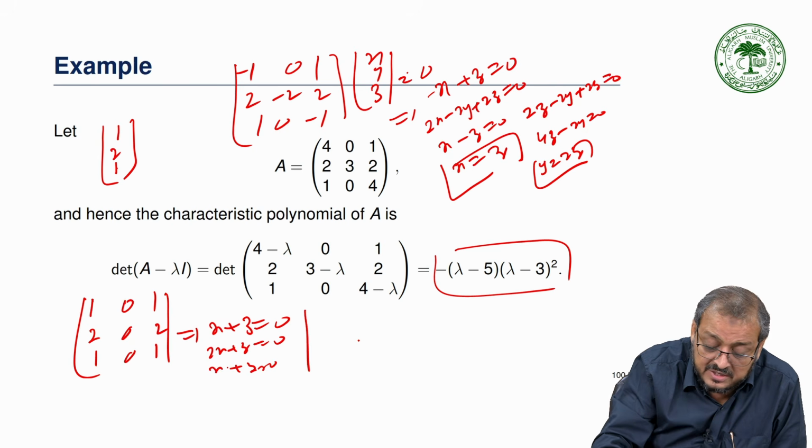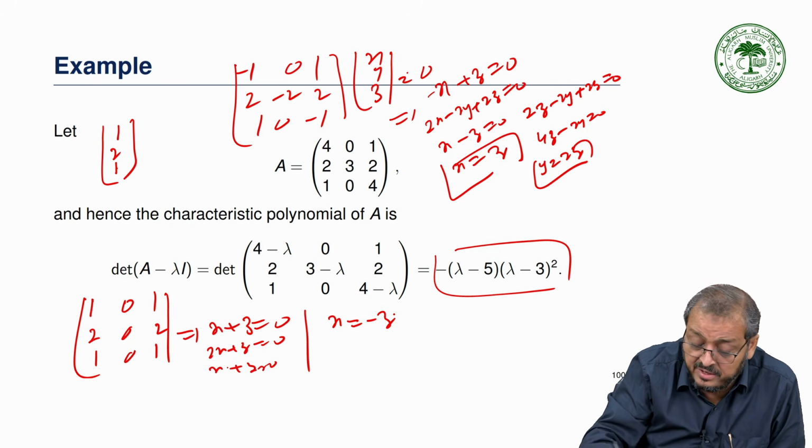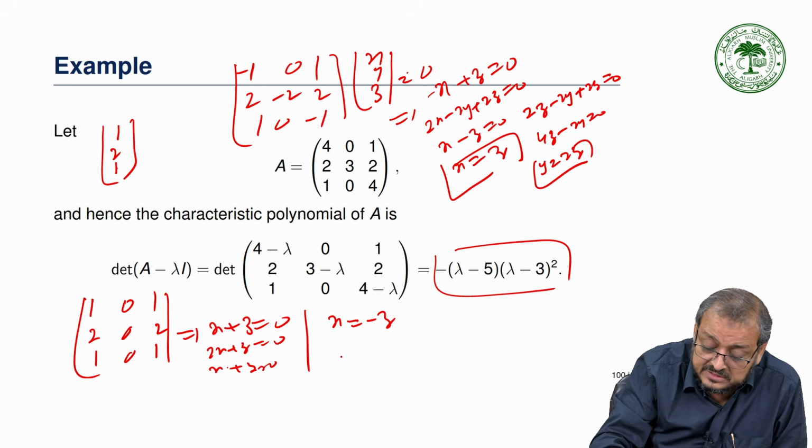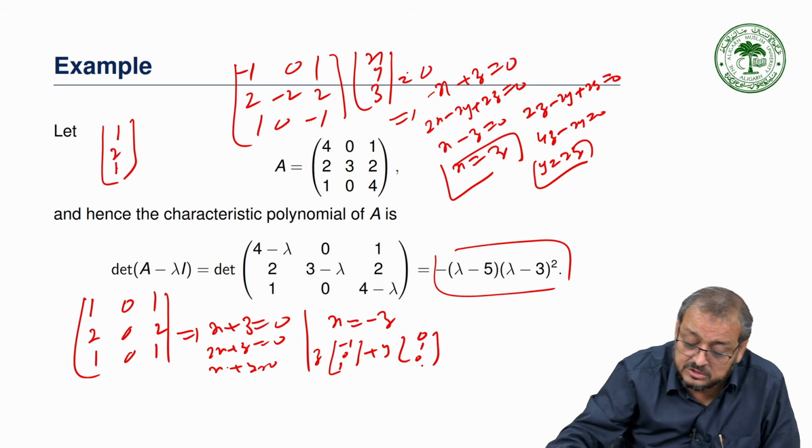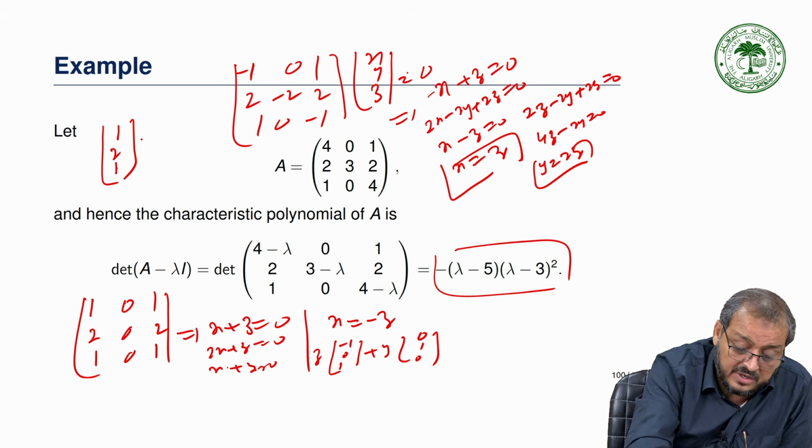So x is equal to minus z and y is arbitrary. Written in vector form, taking z, x is equal to minus z, so we have minus 1, 0, 1, plus y times 0, 1, 0. These are the eigenvectors.